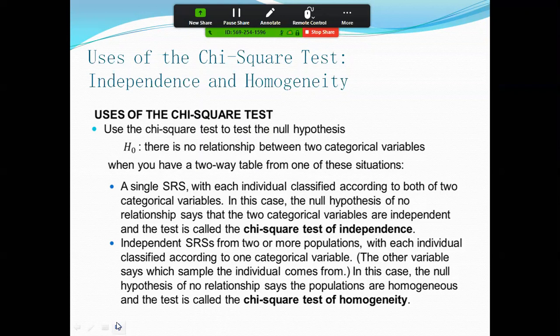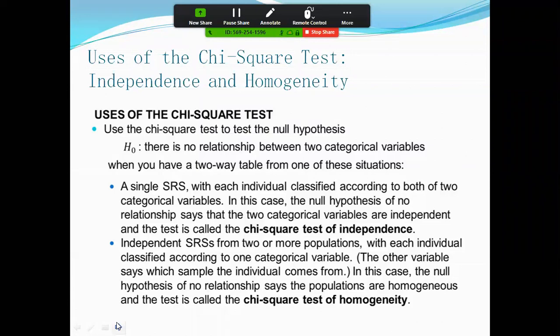Uses of the chi-square test. Use the chi-square test to test the null hypothesis H0: there is no relationship between two categorical variables, when you have a two-way table from one of these situations.